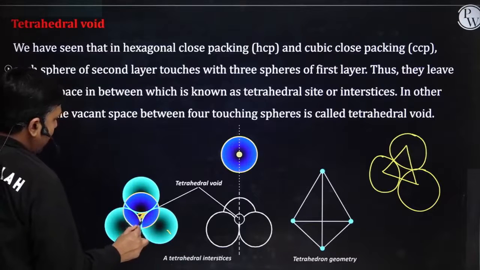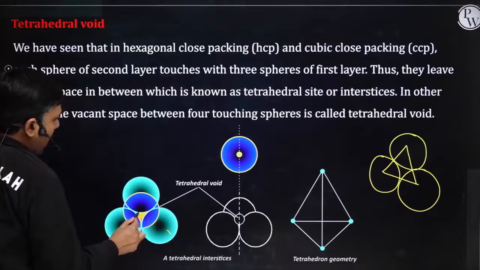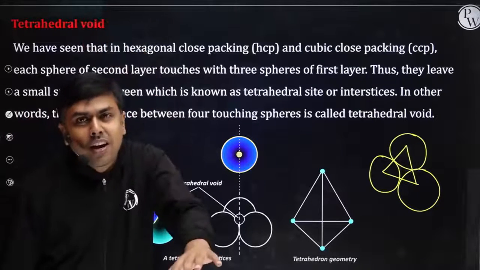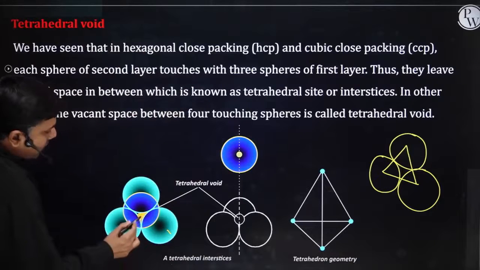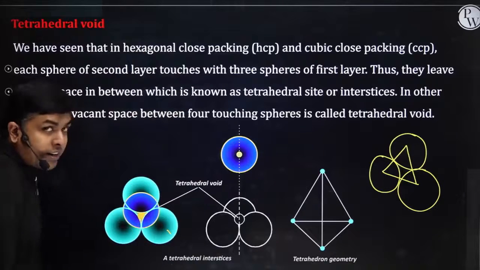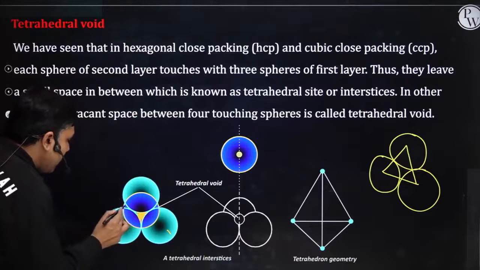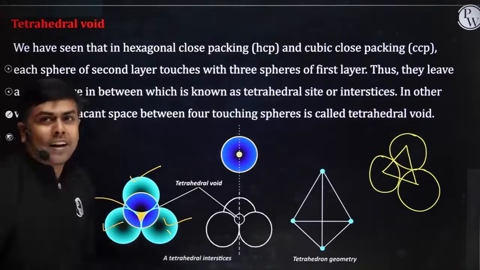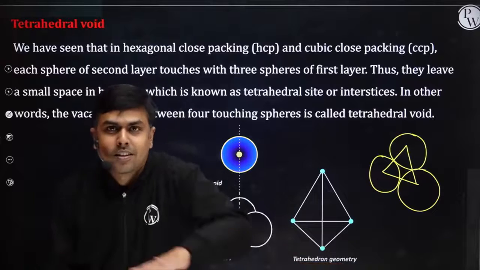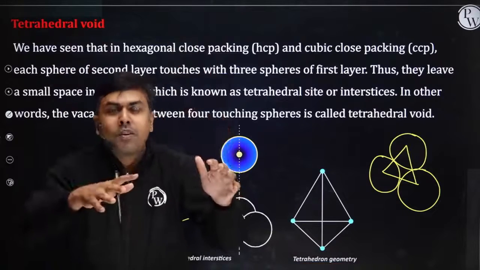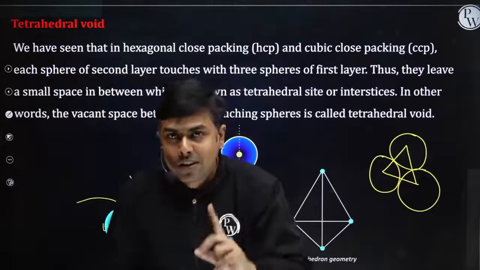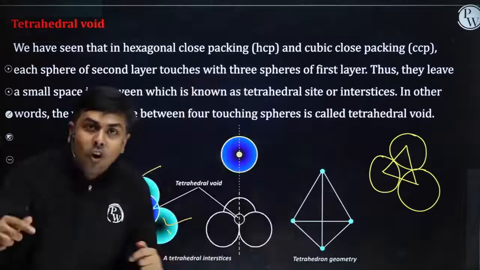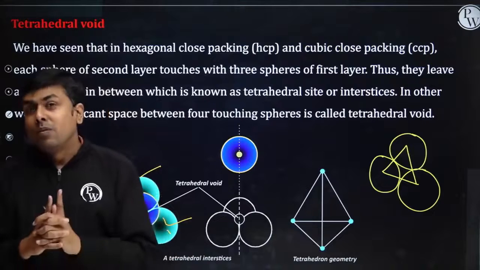Now I have to take the fourth sphere, and this fourth sphere is placed to cover this triangular void in such a way that it touches all three spheres. Take three spheres touching each other, place the fourth sphere so that first it covers this triangular void and then it touches all the three spheres.